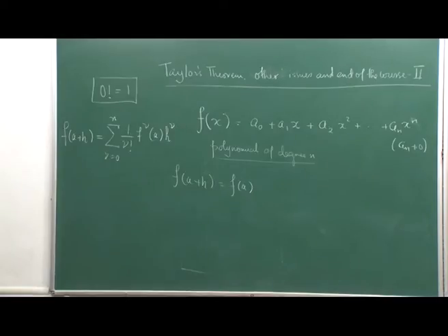So, he says okay, because as we have been telling when we were talking about the Lagrange mean value theorem, if h is very small, a function can be approximated by a linear function f a plus f dash a into h, the derivative. It is a better approximation if you take a quadratic function where the second term comes. It is a much better approximation if the cubic term comes.